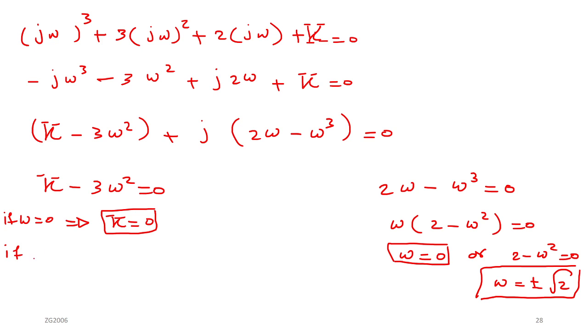If omega equal to plus or minus square root of 2, how much K will be? 3 times 2 equal to 6.